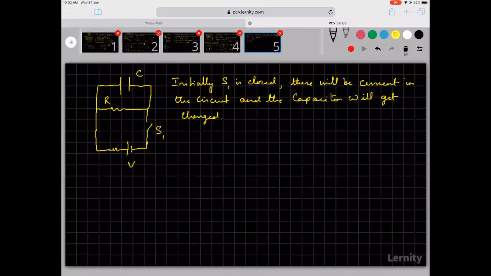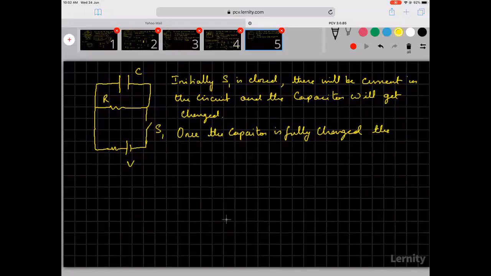Now, do you understand this? Initially, S1 is closed and there will be current in the circuit and the capacitor will get charged. Now, the question is, once the capacitor is fully charged, the switch is opened.